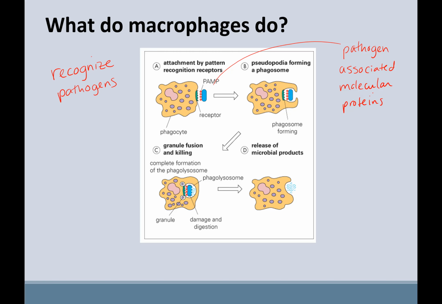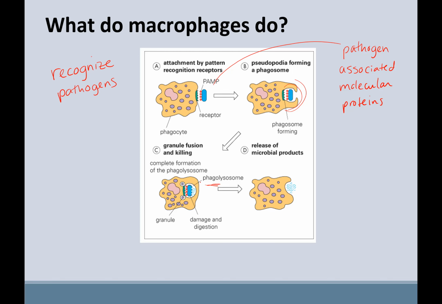So what we think is that there are some proteins that are expressed on the outside of, say, a bacterial cell that the macrophages can recognize as foreign. And what happens is when the macrophages bind, they engulf. So they move their cytoplasm around that little bacterial cell.